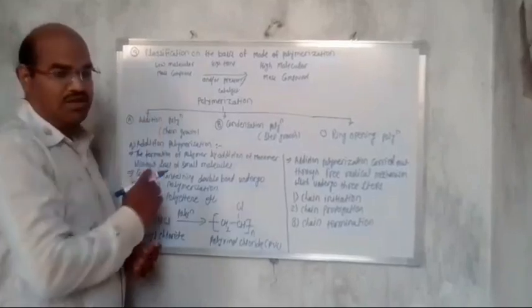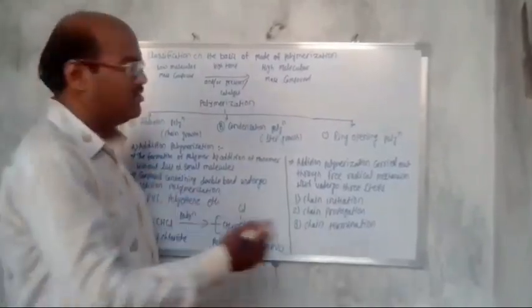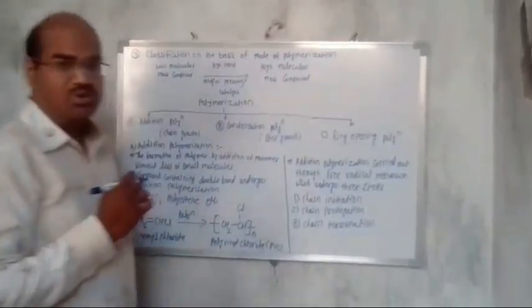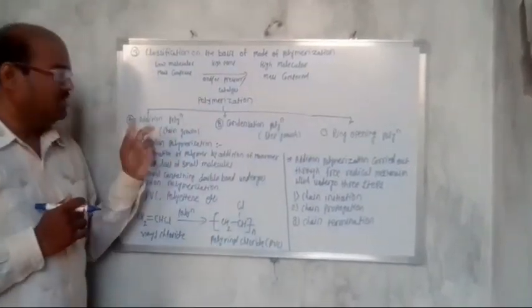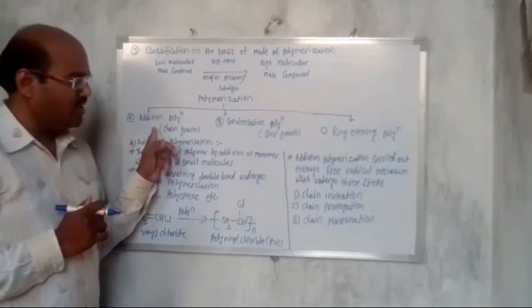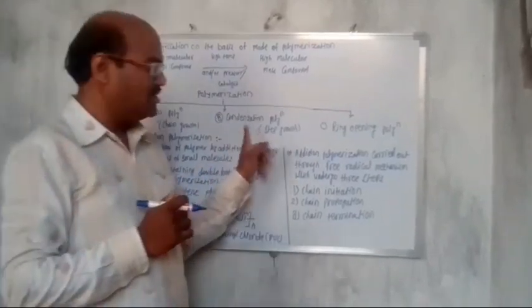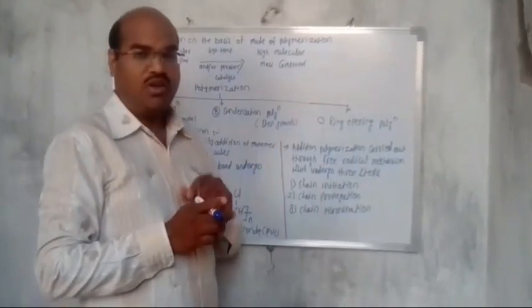The third type of classification is based on the polymerization process. There are three types of polymerization process: addition polymerization, condensation polymerization and ring opening polymerization.